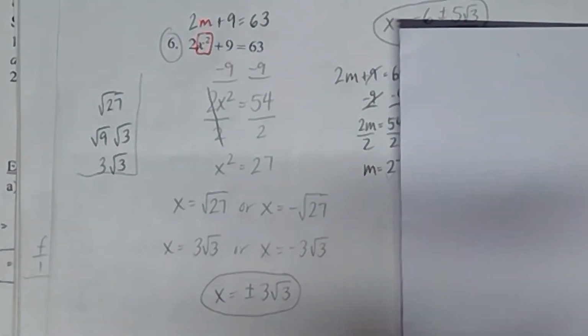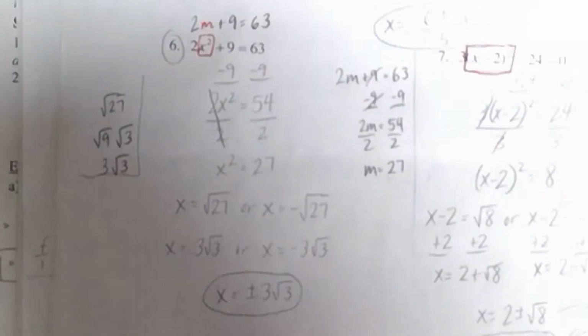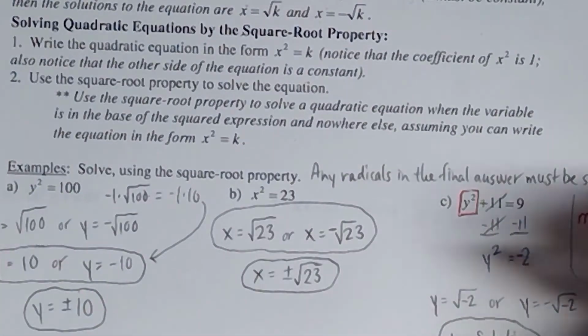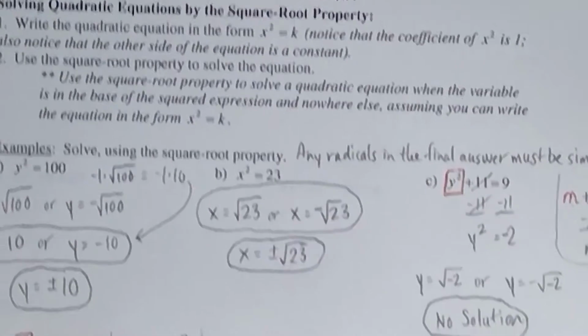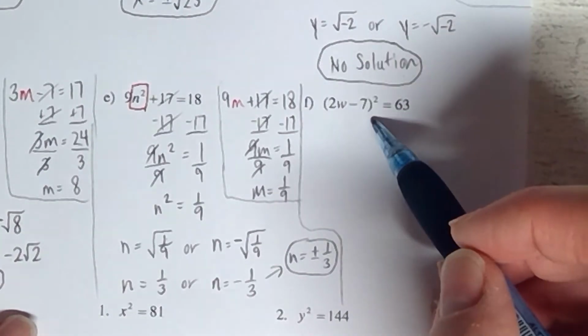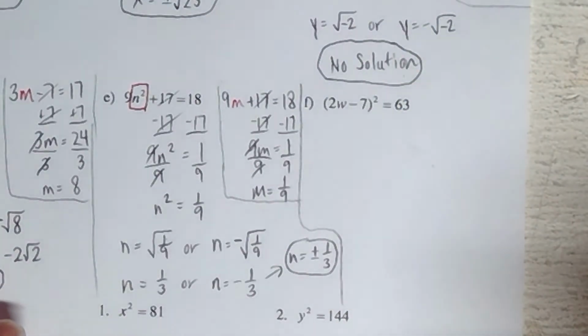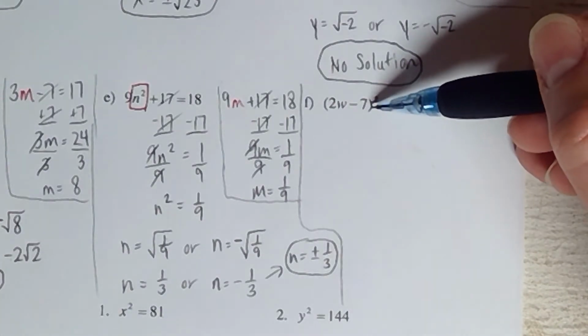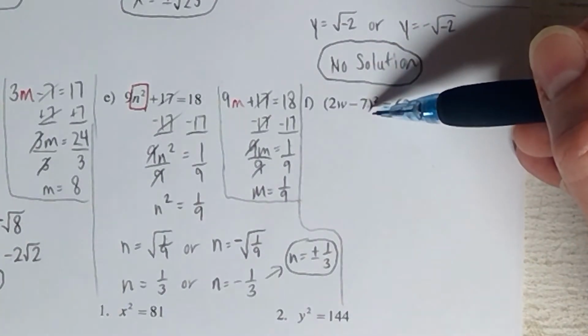What happens, as I was hinting at before I stopped the video a moment ago, if instead of the variable being squared, we have a bracket being squared? Remember, when you have a bracket right next to the exponent, it's the entire bracket that's being squared.